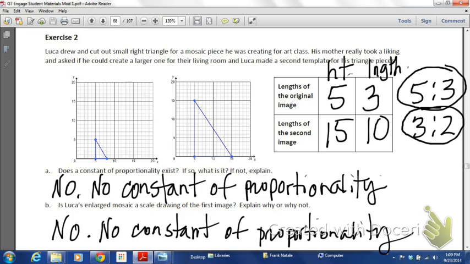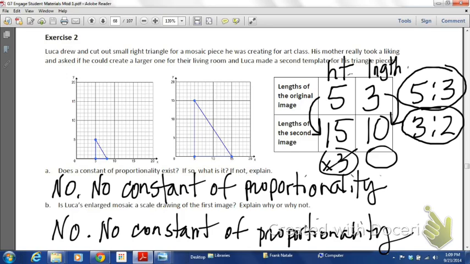And you can see there is no multiplier that gets us up in both measurements. From 5 to 15, you can multiply by 3, but from 3 to 10 you couldn't multiply by 3 because 3 times 3 would give you 9. So it would have to be the same multiplier going up.